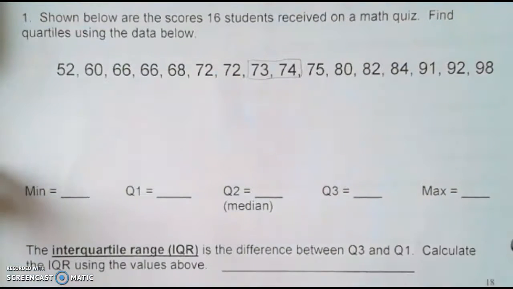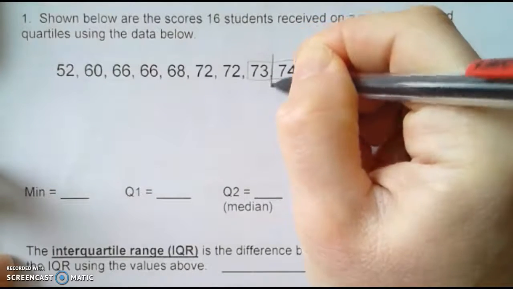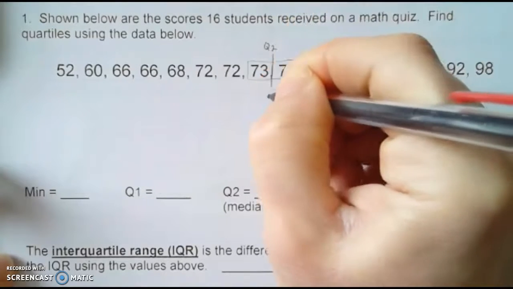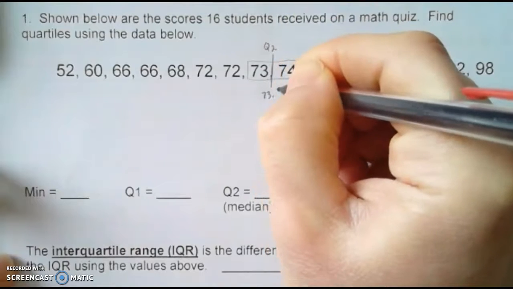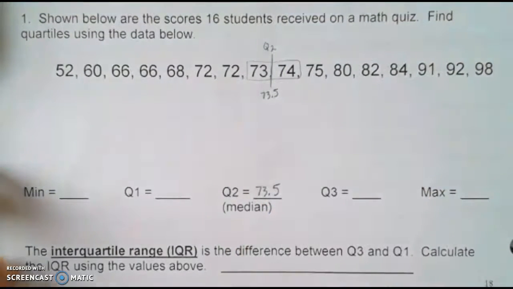Now, in order to get the median, I have to average those two numbers. The average of 73 and 74 is 73.5. That's the number that's exactly halfway in between. Okay, so for the median, which we call Q2, it's going to be this value of 73.5, 73 5/10.